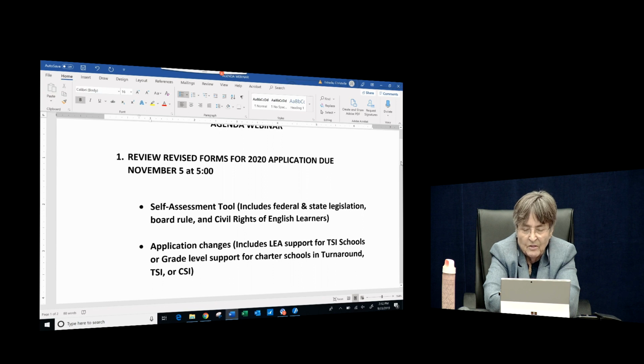There's 296 schools for English learners. Of those 296, there are 20 high schools, 46 middle schools, and I think 129 elementary schools.